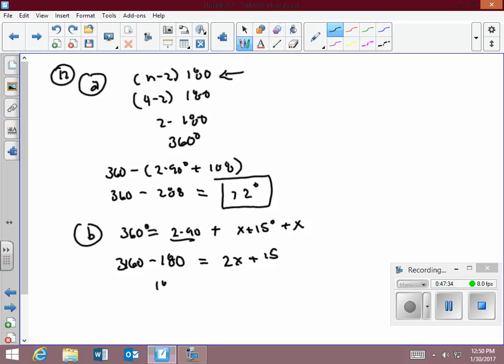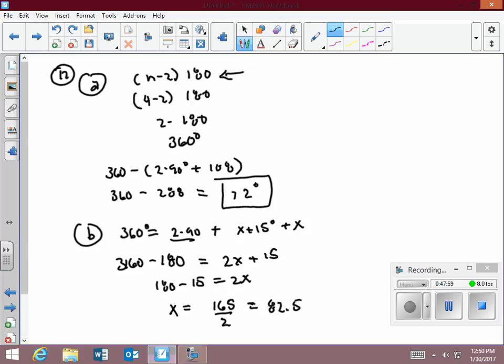So this is 180 minus 15. So x is going to be what? This is 165 over 2. Is that right? Did I subtract right? 180 minus 15 is 165, isn't it? 82 and a half.